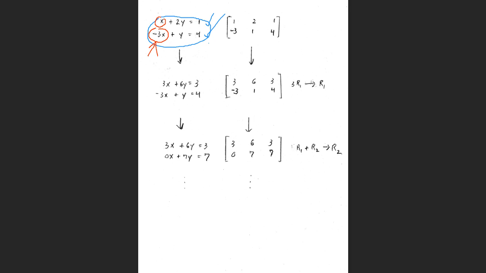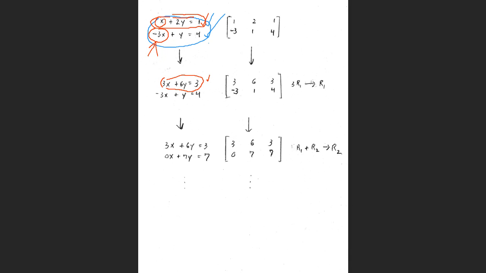What I can do is multiply through the first equation by 3. If I did that, I would get 3x plus 6y equals 3. Multiplying x plus 2y equals 1 through by 3 is the same as 3x plus 6y equals 3.